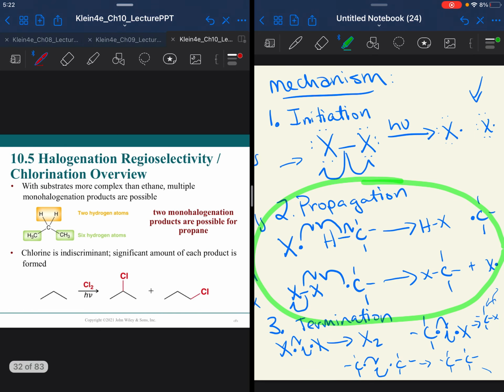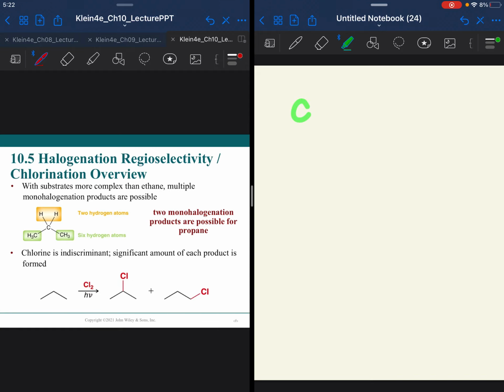When we look at the difference between chlorination and bromination, aside from the polyhalogenation issue, selectivity is another conversation that's really important. When we were putting a halogen on methane, it doesn't really matter where the halogen goes.